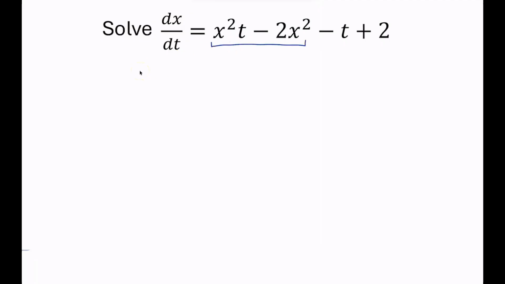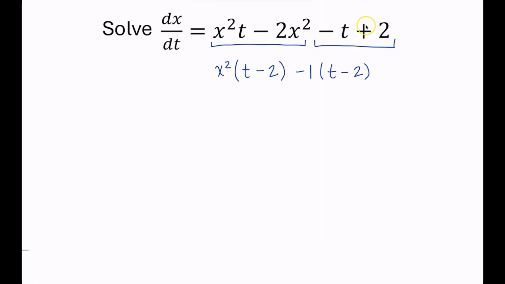So we have these first two terms and these second two terms are going to form our groups. In the first two terms, we can factor out an x squared. So we're going to have x squared times the quantity t minus 2 left over. In the second two terms, I can factor out a negative 1, and that's going to leave me with t minus 2.